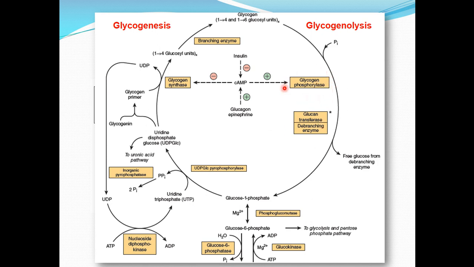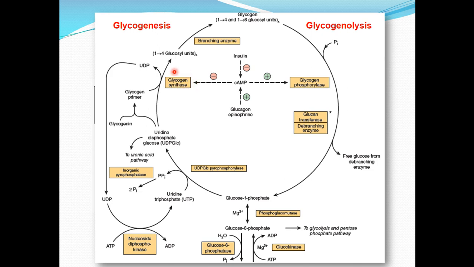Glycogen phosphorylase is a regulatory enzyme in glycogen breakdown, as glycogen synthase is a regulatory enzyme of glycogenesis. Both enzymes occur in two forms, A and B. Glycogen phosphorylase A is phosphorylated and glycogen synthase A is dephosphorylated, or non-phosphorylated.